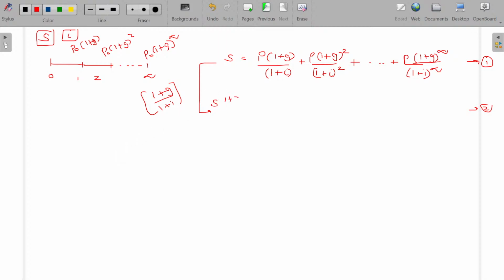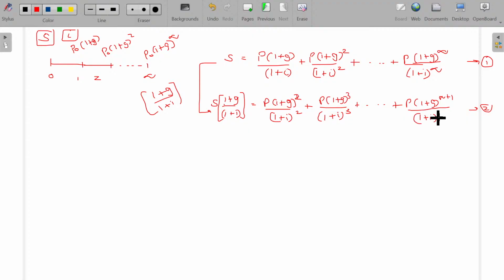S into 1 plus g divided by 1 plus i is equal to P into 1 plus g to the power 2 divided by 1 plus i to the power 2, P into 1 plus g to the power 3 divided by 1 plus i to the power 3, and it goes on, P into 1 plus g to the power infinity plus 1 divided by 1 plus i to the power infinity plus 1.